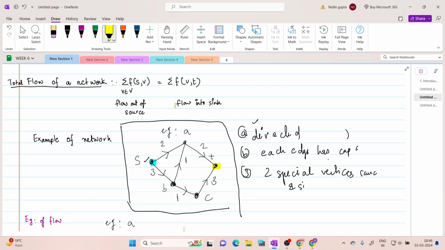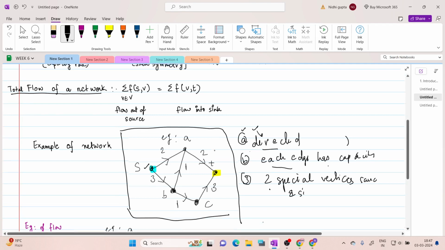If we have these three properties, that it is a directed graph, each edge has a weight which we call capacity, and the graph has two special vertices called source and sink, in the sense that all the edges of the source are going out of it and all the edges of the sink are going into it, then we call that graph a network.